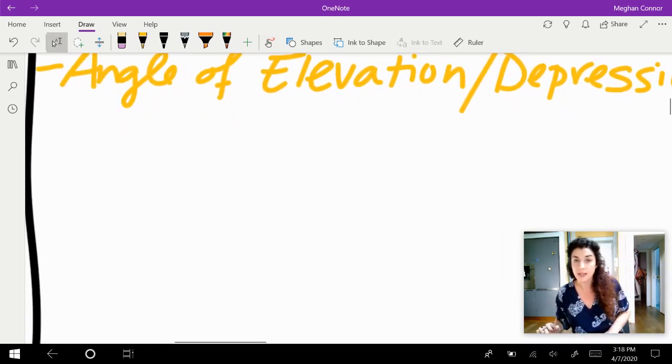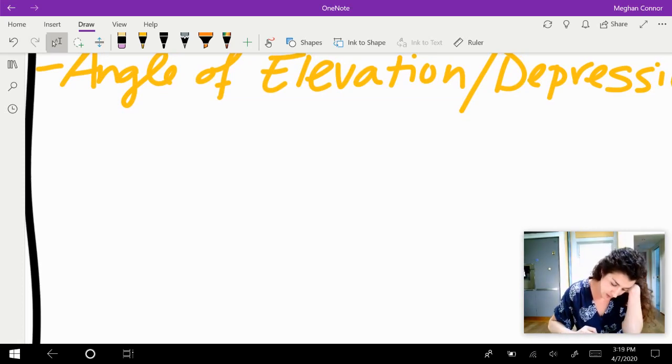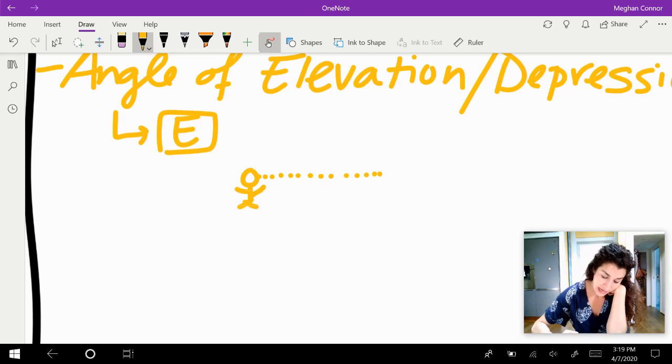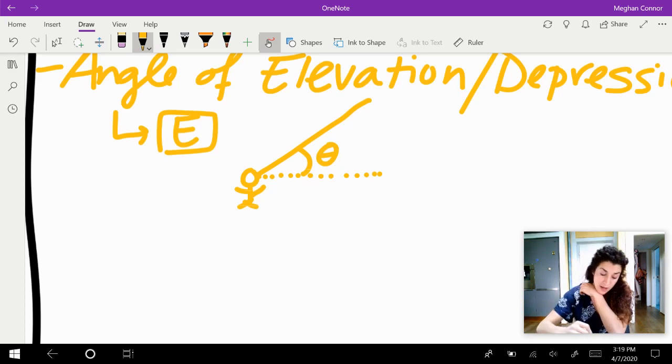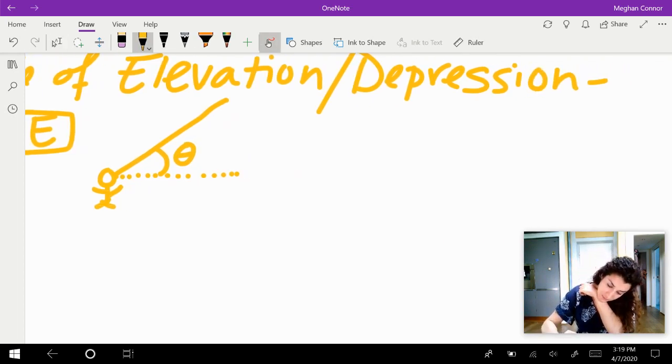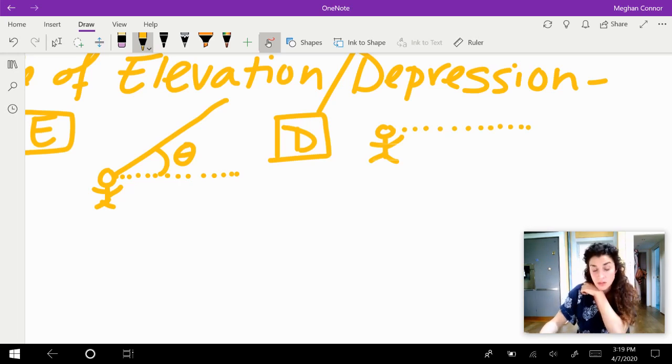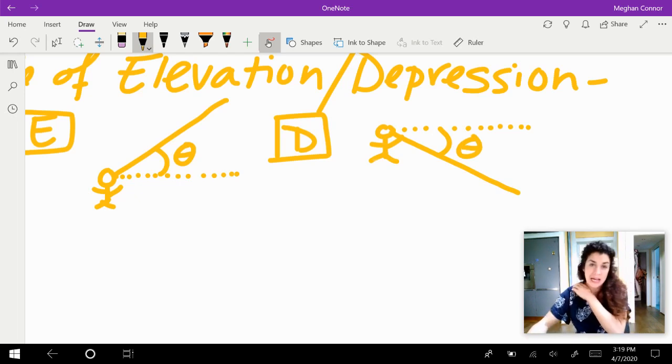Just to reiterate that your angle of elevation, so I'm going to do E for elevation. If this is the person, you need to build your horizontal line of sight and then the line of sight up, and that is your angle of elevation. Versus your angle of depression, D, is going to be, again, building out that horizontal line and then down from there. That is your angle of depression.